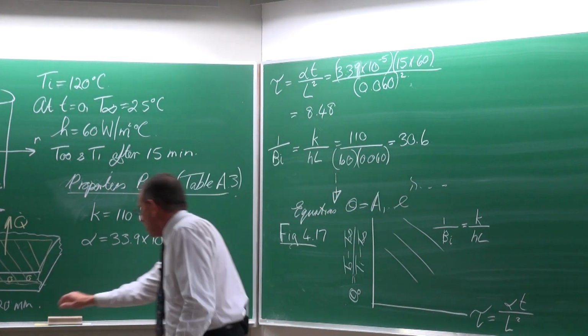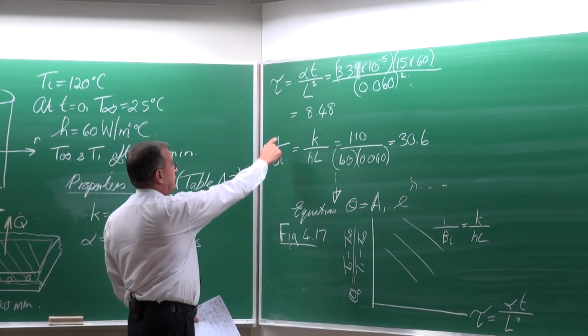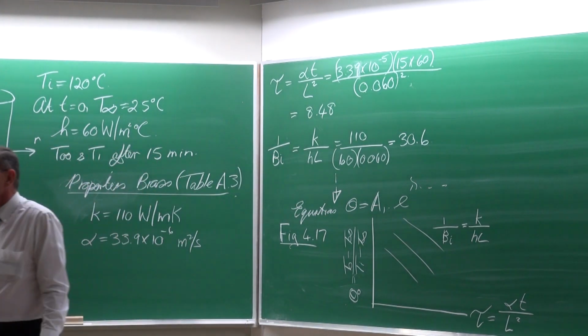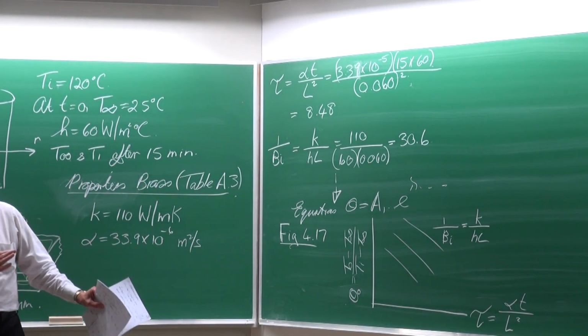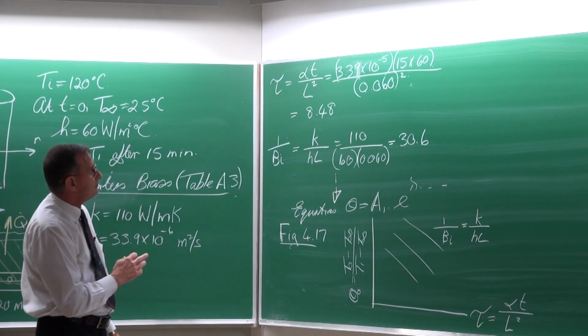And now you can see why I've solved it as 1 divided by the Biot number. It's because I knew I'm going to use the Heisler charts.